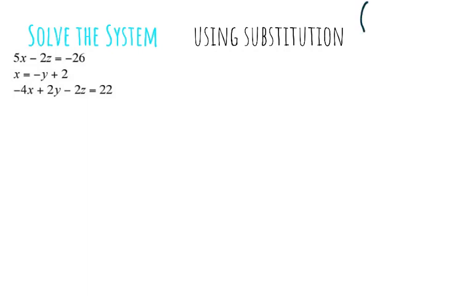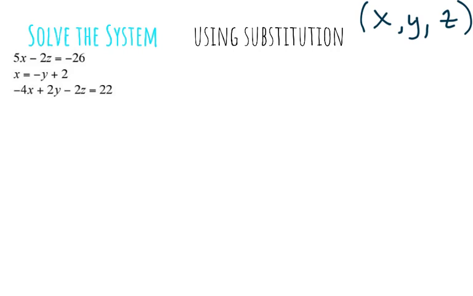I should be able to solve for x, y, and z. To start, my goal is to get to two variables and two equations. If I can get down to two variables and two equations, I'm right back to where I was on last week's assignment.